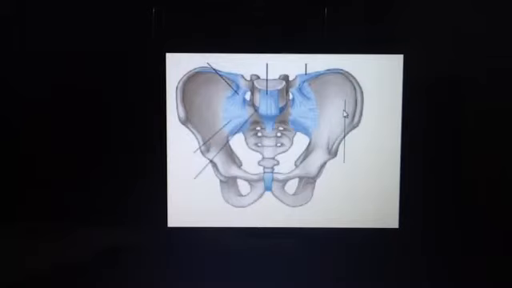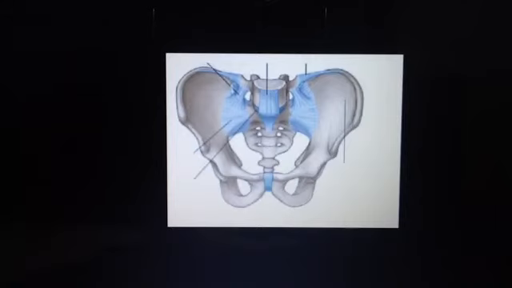Where is the anterior sacroiliac ligament that we looked at on the other slide? That is right here. And where is the intervertebral disc? Of course, that's right here. And what is this ligament then? This is the anterior longitudinal ligament. This goes all the way up. Where is the lumbosacral ligament?